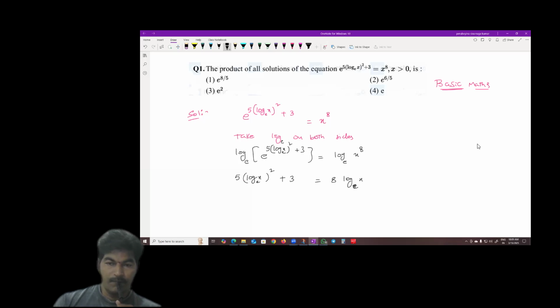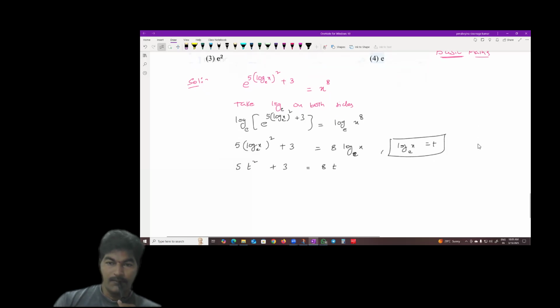Now we will replace log x base e with t. Then it will be 5t square plus 3 equal to 8t. Understood? Now we are moving. That means we are going to create a quadratic equation to solve this problem. We know 5 threes are 15, and 5 and 3 can be used as factors.